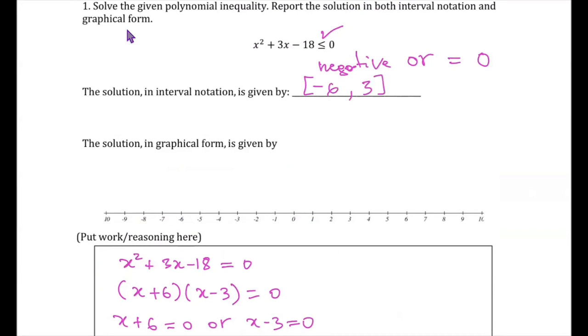We include the values because we want negative or equal to 0, and -6 and 3 are the values for which the expression is 0. So to graph this solution, at -6 we put a closed circle because -6 is included. To positive 3, also a closed circle because those values are included. We're solving for the expression also equal to 0. And then it will be negative over the interval from -6 to positive 3. This will be the graph of the solution.